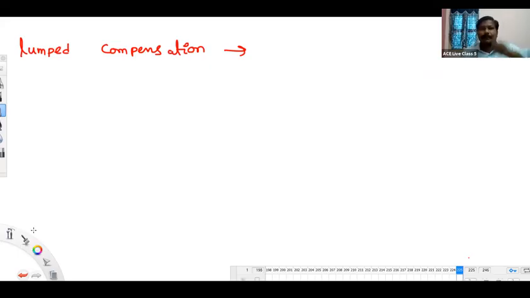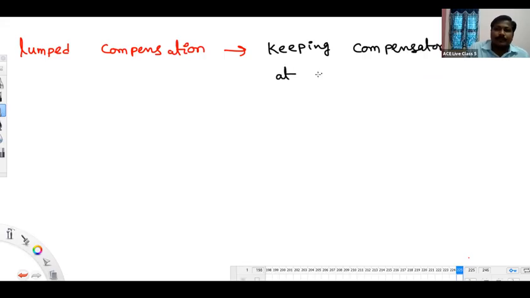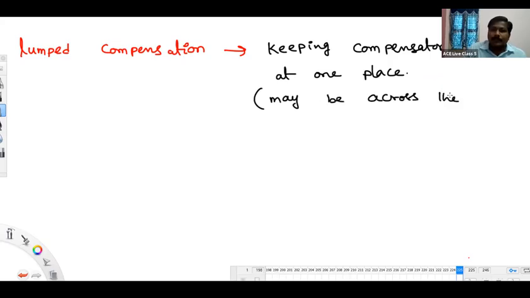It's a lumped compensation. Keeping the compensator at one place, maybe across the load.